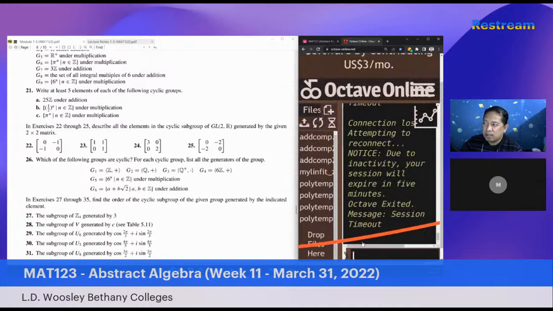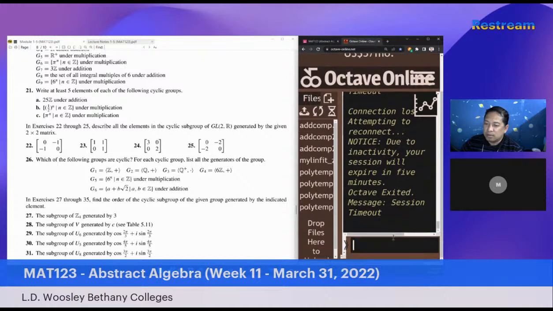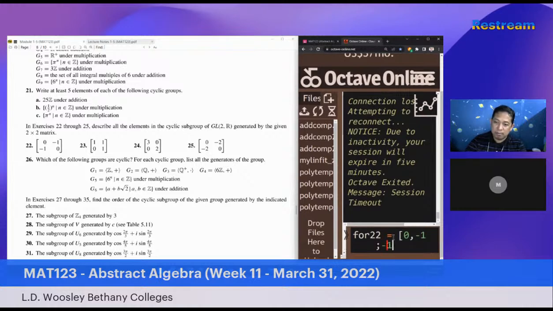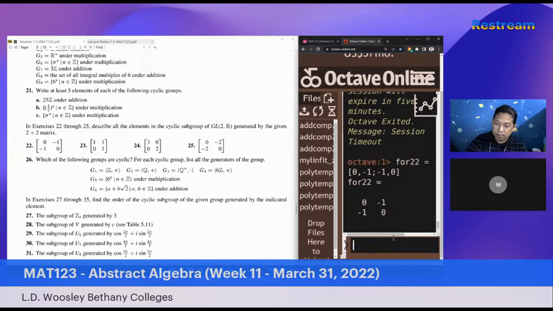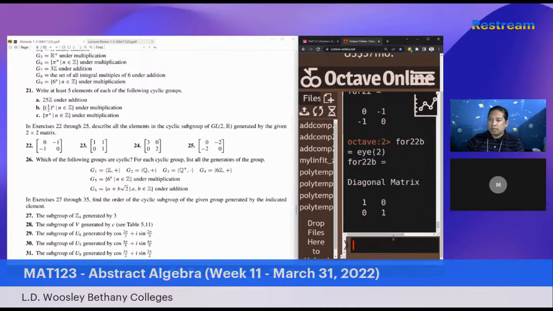For number 22, we have two elements, of course the given element here, like you said earlier, and then of course the identity. So there are two.